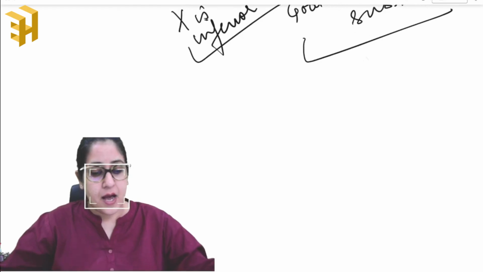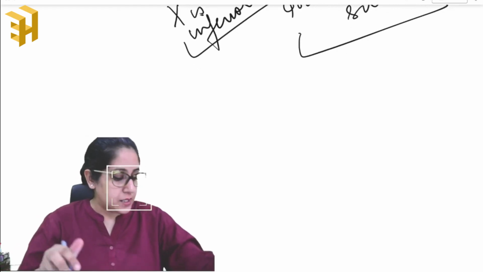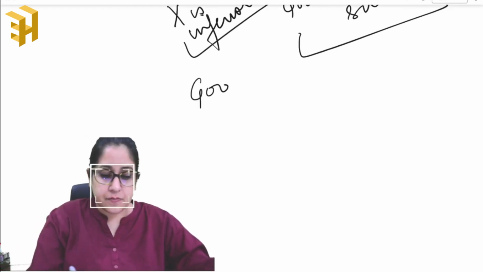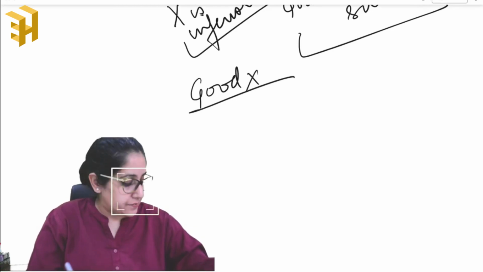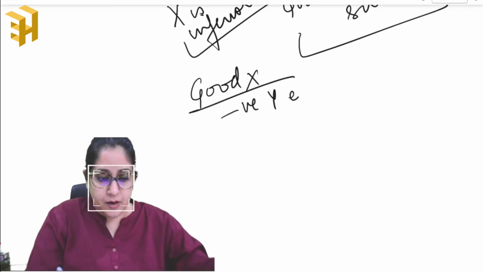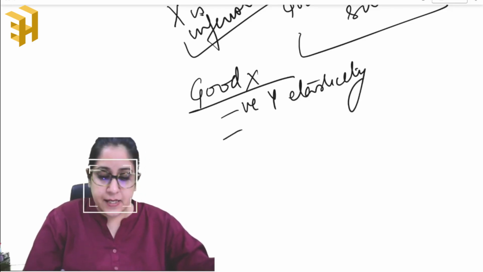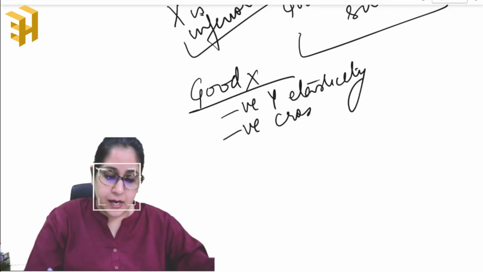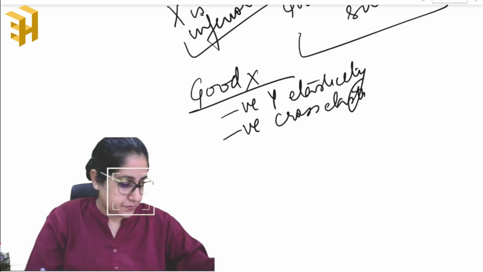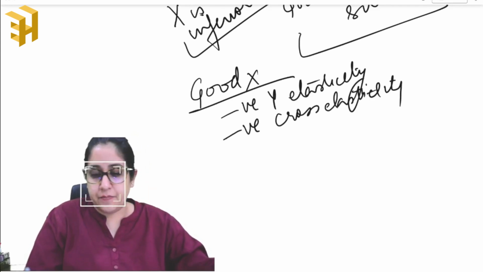Okay, and the last question was that now good X has negative income elasticity, right, and negative cross elasticity with income.